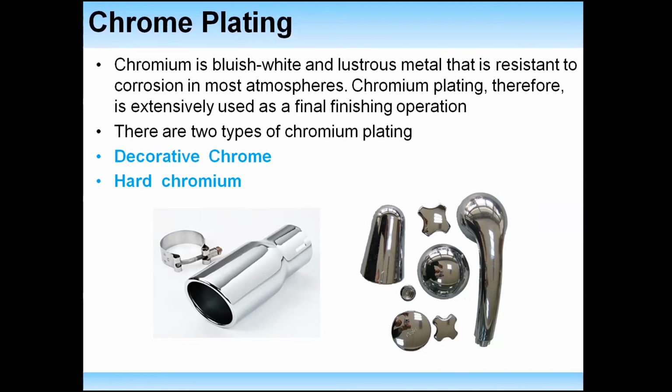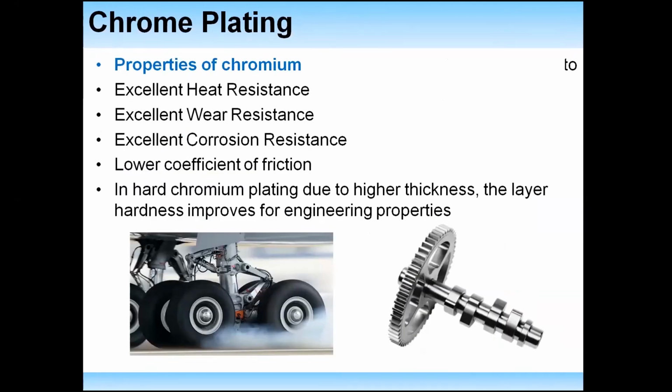So we'll discuss that later. Properties of chromium: they have excellent heat resistance, excellent wear resistance, excellent corrosion resistance. They have a very low coefficient of friction. So normally it offers very good lubrication, a self-lubricated kind of thing.